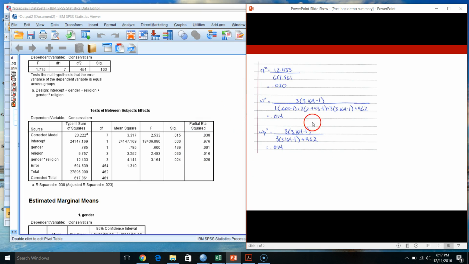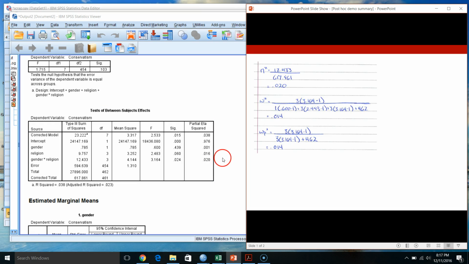And so to calculate our eta squared, we're just going to take the sum squares for our interaction here and divide it by our total sums of squares, which gives us 0.020. Okay, so in this case, our eta squared is actually the same value as our partial eta squared, or at least rounds up to it.